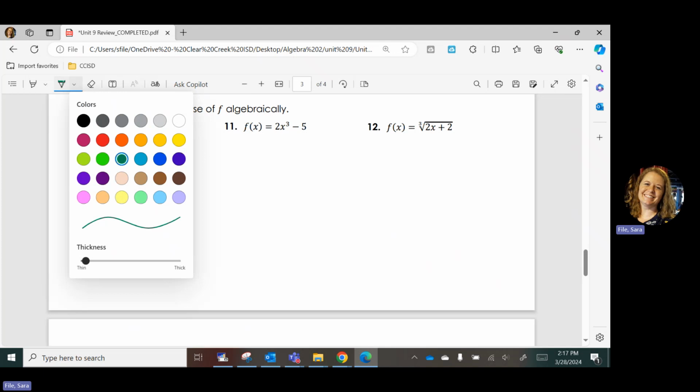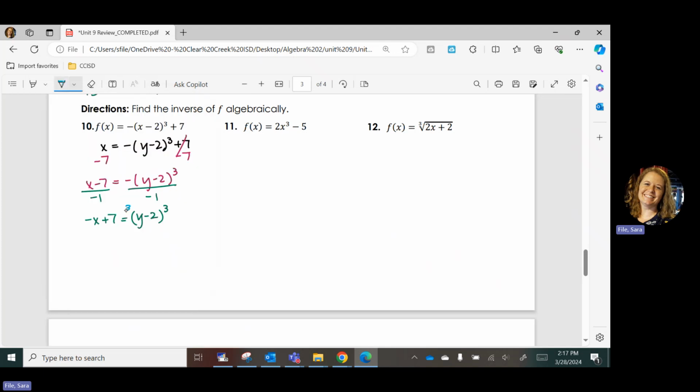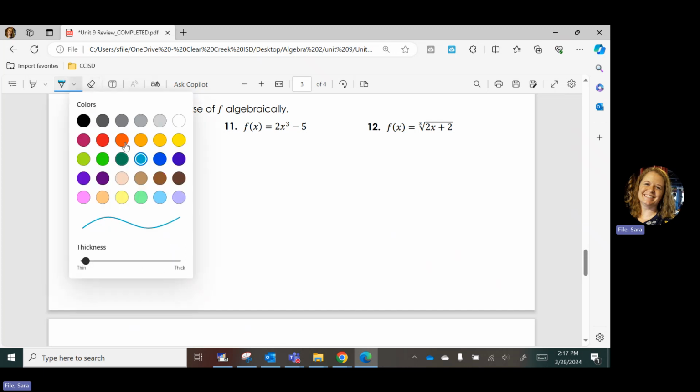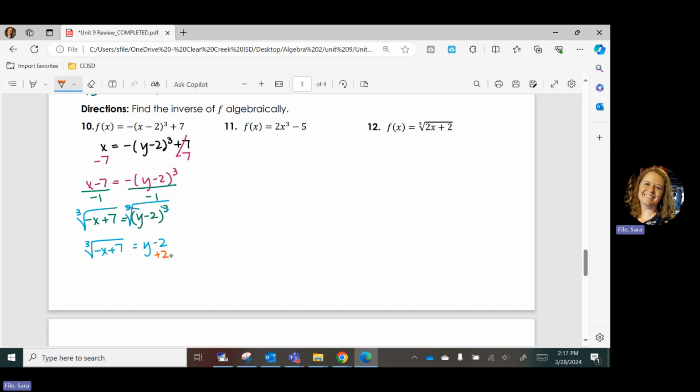Now we've isolated the cubed term and we're ready to take the cube root. So we removed the cube from that side of the equation and are left with just y minus 2. And then I'm ready to move the 2 by addition. Now again, this is under a radical. This 2 is not.